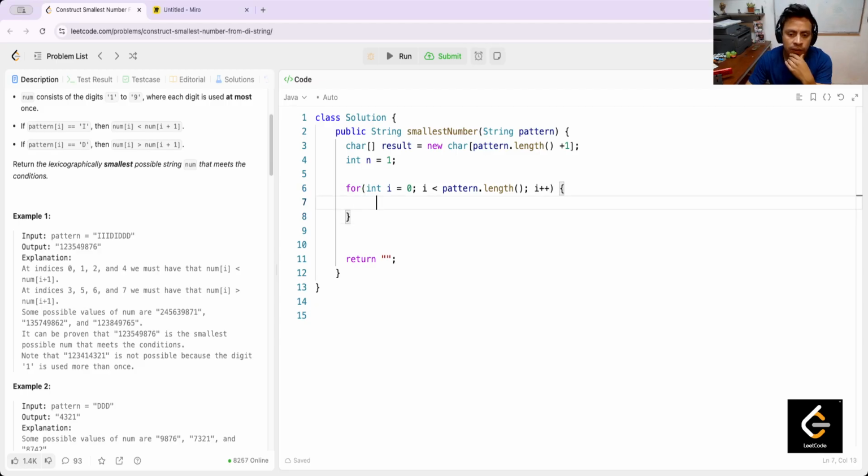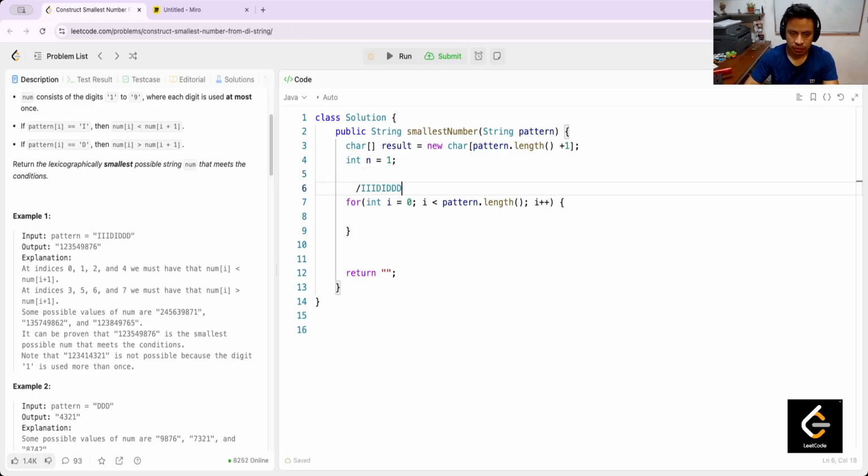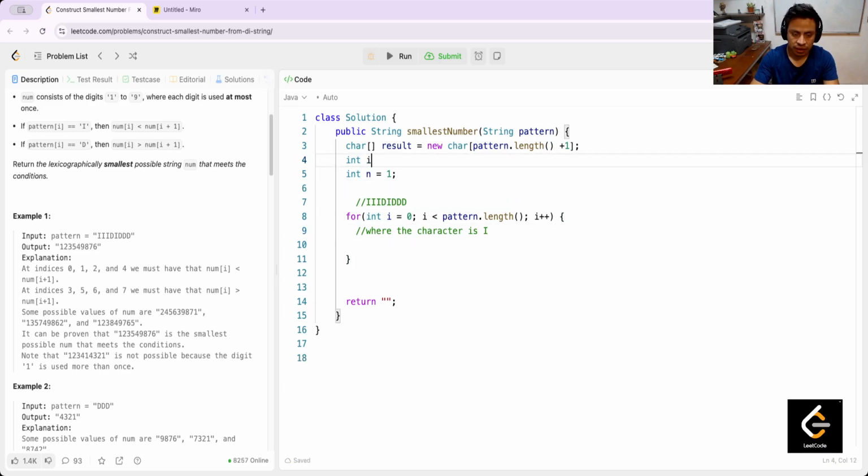Okay, now here I'm using this I. It's only paste integer index 0.